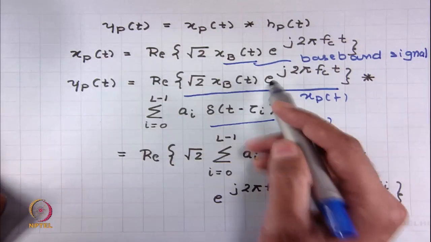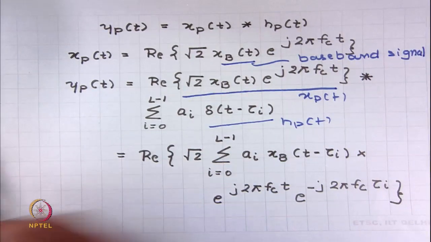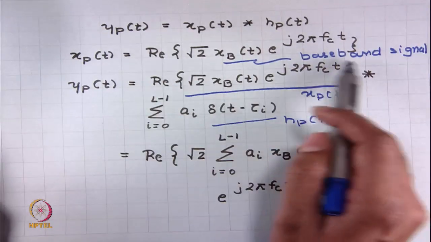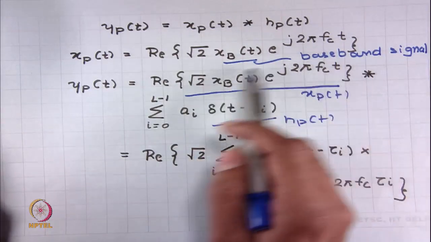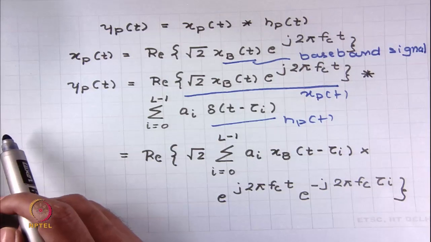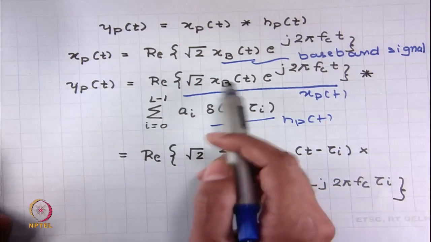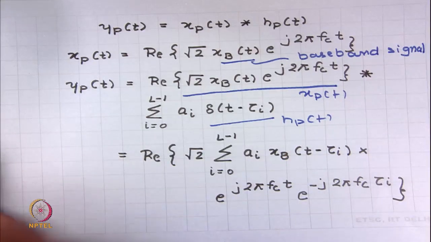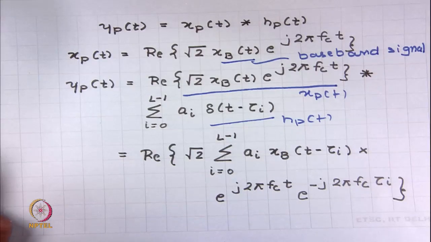We have seen this. Now, if you convolve this with this, what happens is simply that this signal which was at t will shift to t minus tau_i. We have seen the impact of convolving a signal with an impulse. The only effect is that it shifts the signal to the time where the impulse exists.